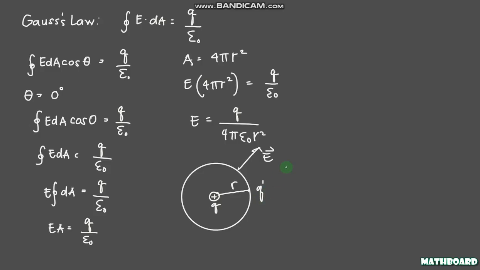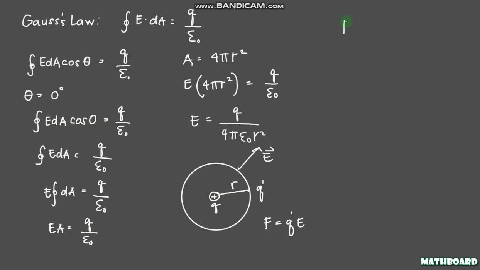Take note of the formula: force is equal to Q prime times the electric field. It comes from the formula to find the electric field, which is F over Q.